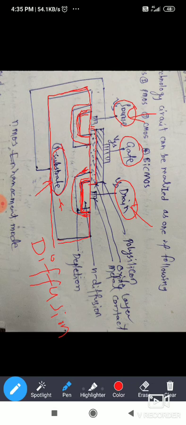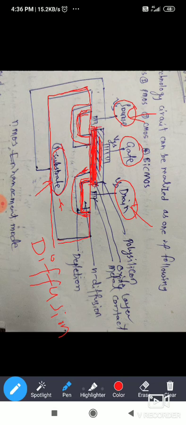Using this semiconductor bar, first we diffuse to make the source and drain. After that, the gate is deposited. Before gate deposition, an insulation layer is needed to deposit the gate. That is the oxide layer, or silicon dioxide layer.